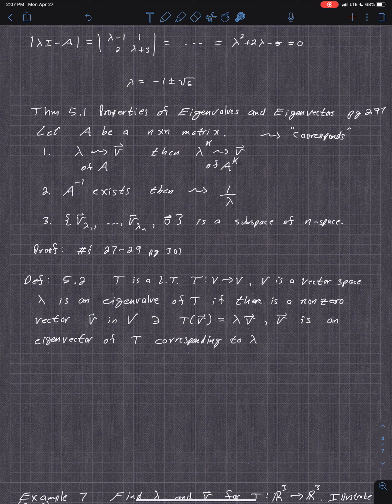If you have a set of eigenvectors, each one of these corresponding to the eigenvalue, and you add the 0 vector, then that is a subspace of n space. So it stays in the set. You can show closure. The proofs of those are 27 through 29. I don't think I assign those, but you can take a look at those and see how they're done. I think I do a couple, or at least I highlight a couple later is my plan.